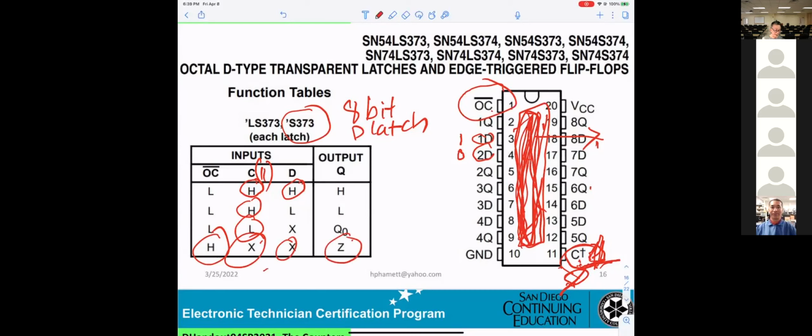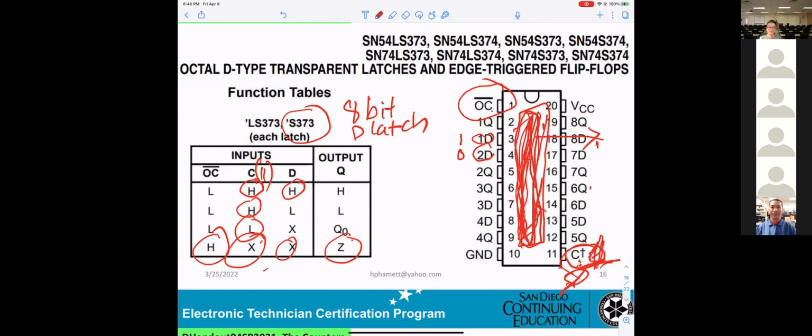What does that mean, high impedance? It means there is no voltage. You measure, you won't get any voltage.